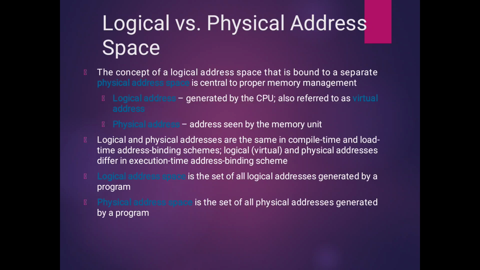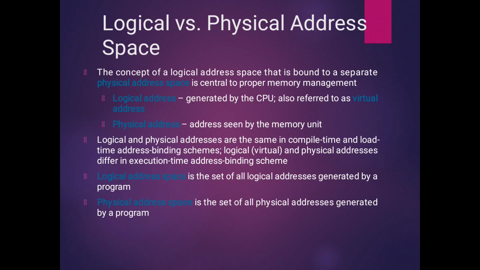Now logical versus physical address space. There are two kinds of addresses used when data are processed and stored into the memory: logical address and physical address. The concept of a logical address space that is bound to a separate physical address space is central to proper memory management.